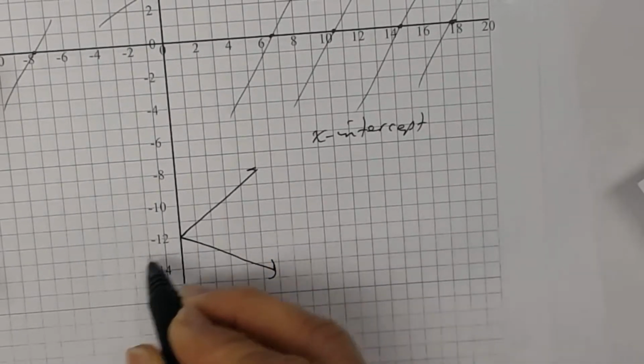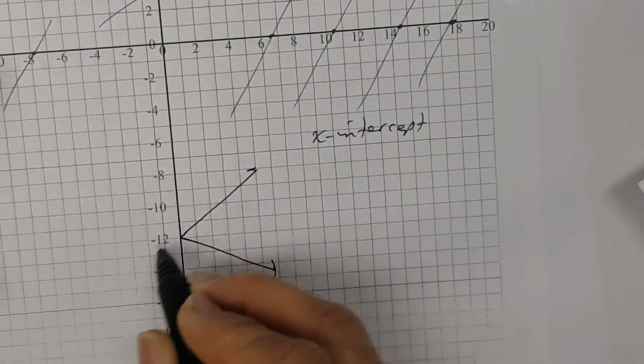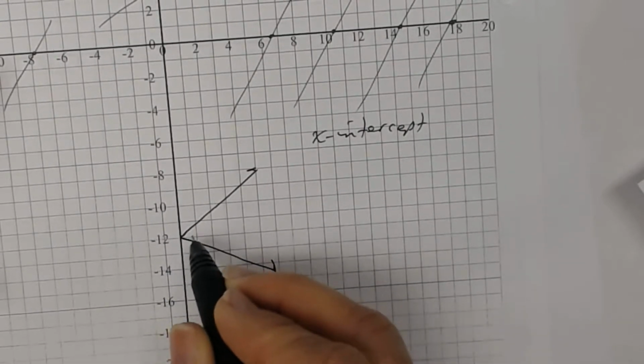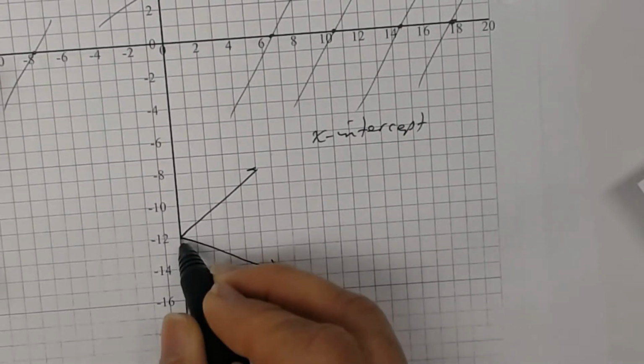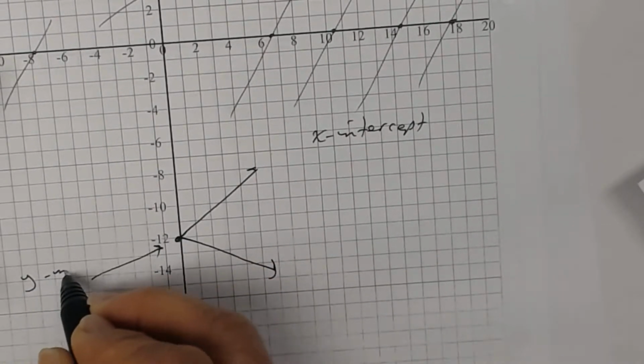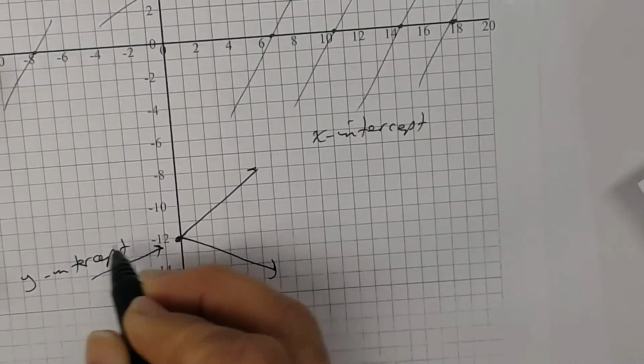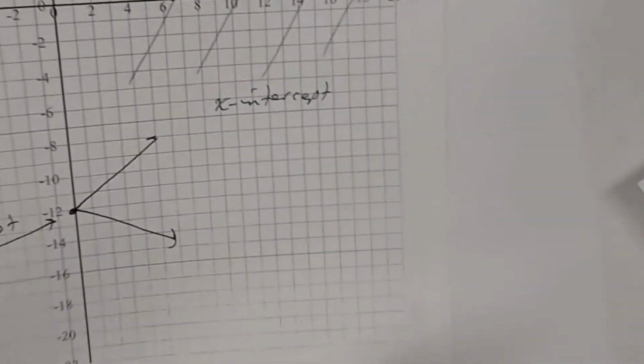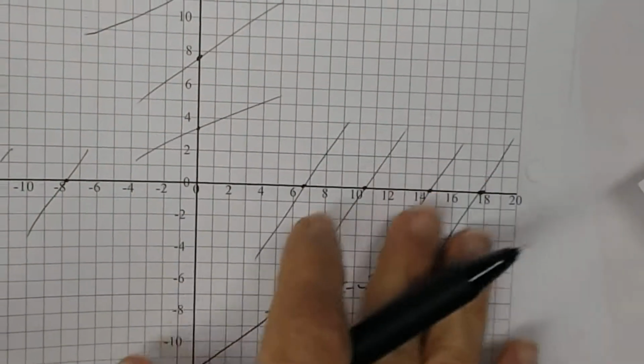So notice this graph did not cross the y-axis, it touched it. So this right here would still be called a y-intercept. Okay, now that we know what we mean by crossing or touching, let's go back and review this.